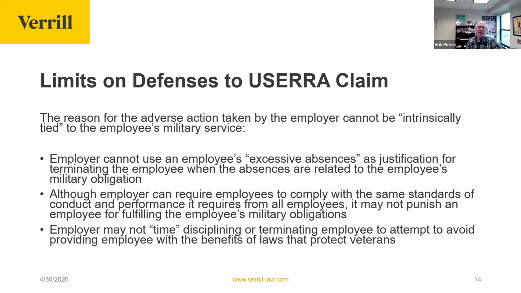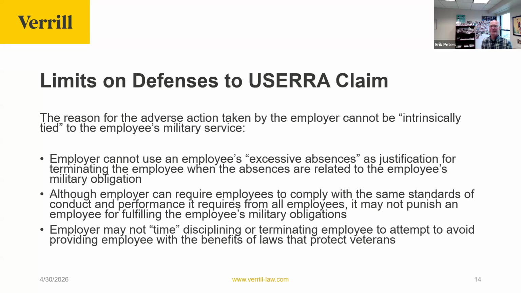But what the reviewing agency, court, or jury is going to look at is whether the reason for the adverse action is intrinsically tied to the employee's military service. These examples are all taken from cases that interpret USERRA. When is something intrinsically tied to the employee's military service? Well, how about when somebody is excessively absent because they've been deployed? That's obviously intrinsically tied.